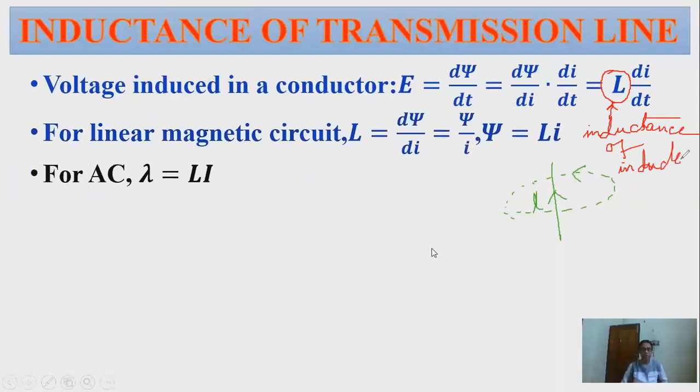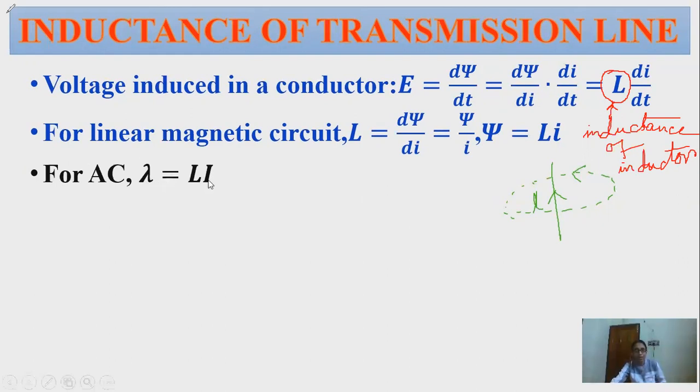For AC, this expression can be written as lambda equals L into I. Just this expression is rewritten as lambda equals L into I, while we supply the AC across or through the conductor. AC current will flow.